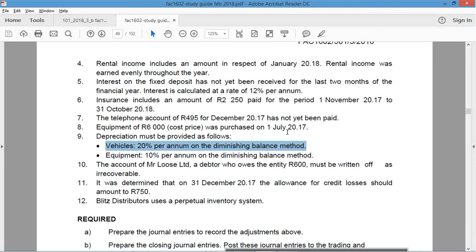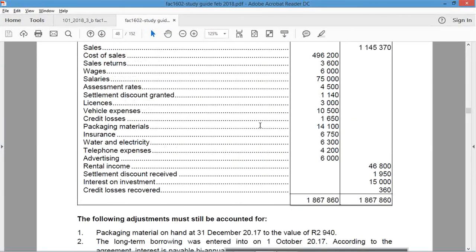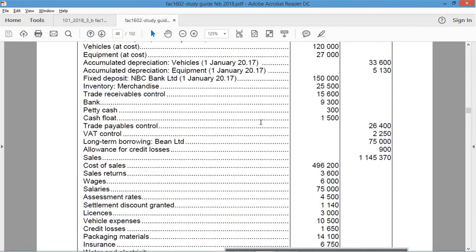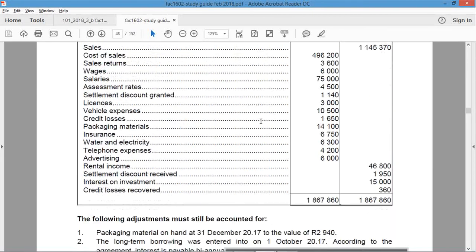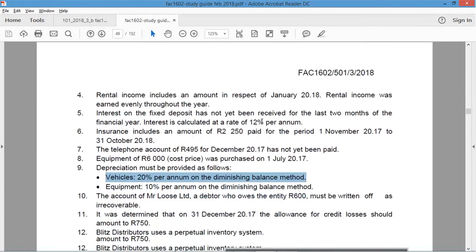And how much is it? So 20%. What was the vehicle cost price? So it was 120,000. Times 20%. Oh, be careful. But also we have to use the diminishing balance.